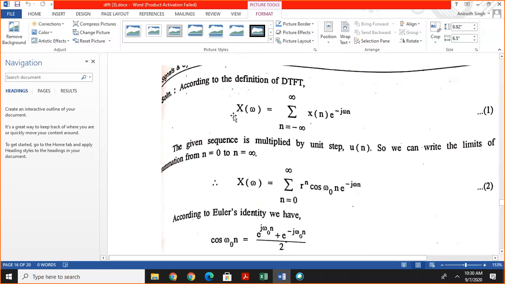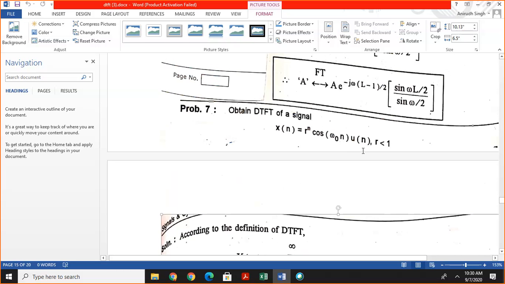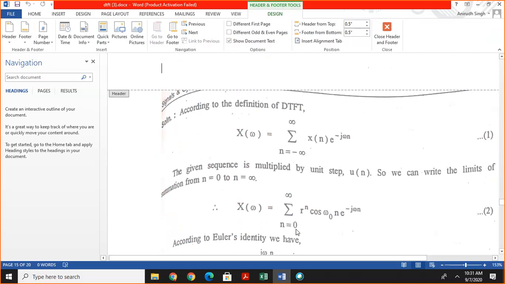According to the definition of DTFT, X of omega is written by this formula, and if we substitute the value of x of n, since u of n is present, the limit is changed from n is minus infinity to n is equal to 0, and X of omega is summation r raised to power n cos omega naught n exponential minus j omega n.